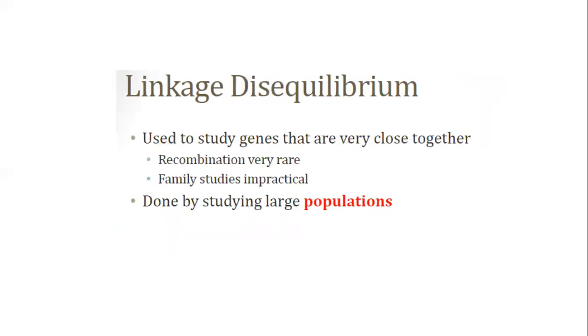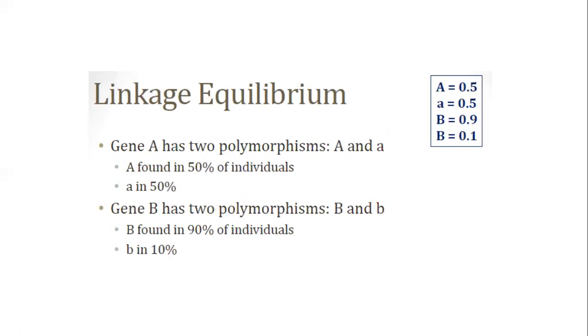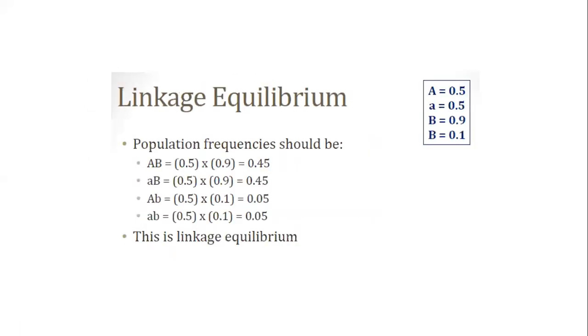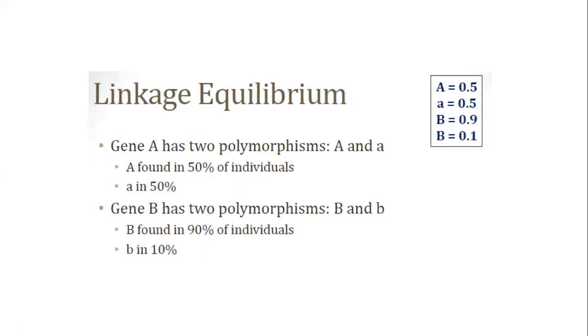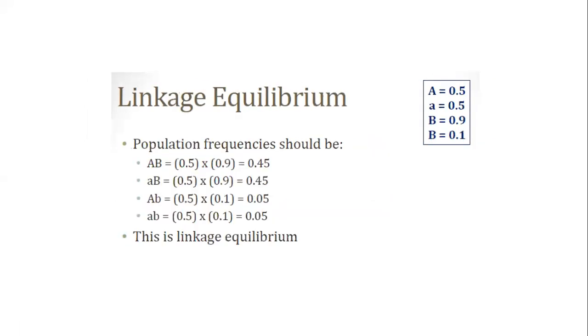From this we can calculate the frequencies of the combinations A and B can give us. The frequency of the combination of A, B will be 0.45. For this combination, the frequency will also be 0.45, and for this combination, the frequency will be 0.05.